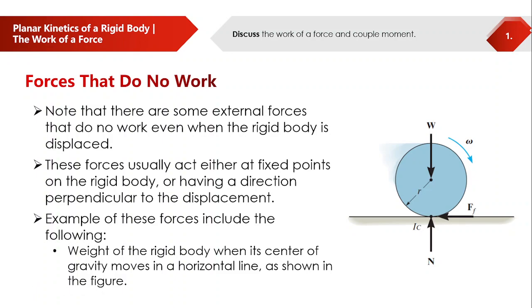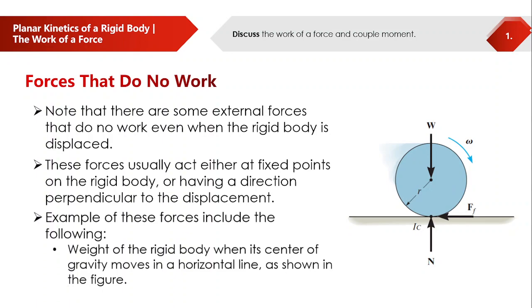Dapat vertical displacement. So wala siyang vertical displacement kasi horizontal line ng movement niya. So wala siyang up and down na movement. Sabi natin kanina, walang work if walang vertical displacement. So that is an example of forces that do no work. Weight does no work here. Okay? So that's an example.